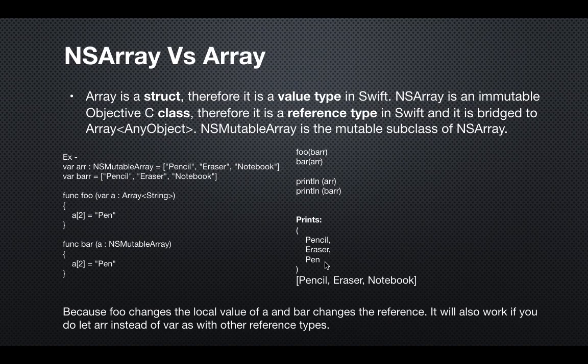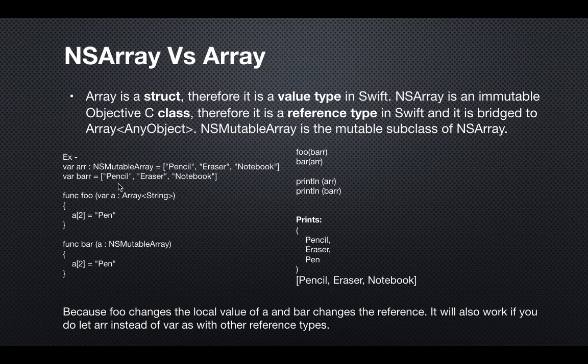Reference type means it is referring to the memory location itself. So when we say reference type, all these are sharing the same memory location, and that's why the value will be changed, okay. But when we say value type, it has a different copy of the values.